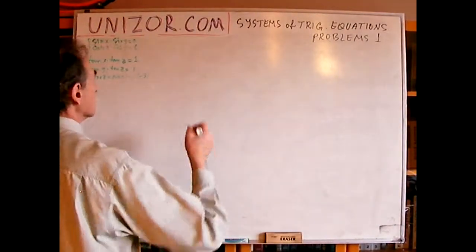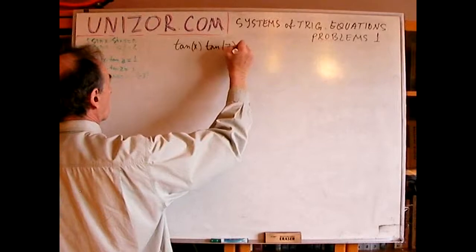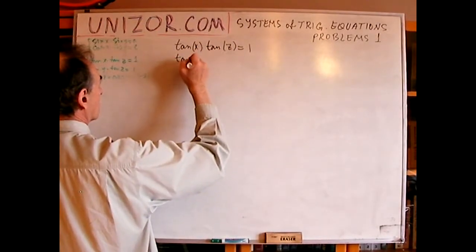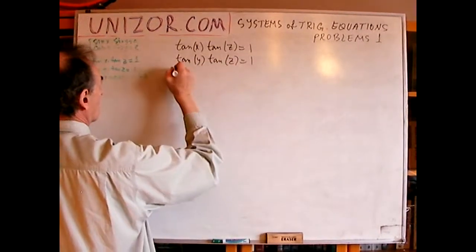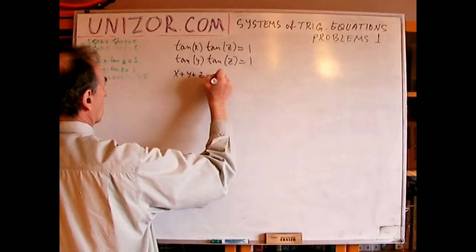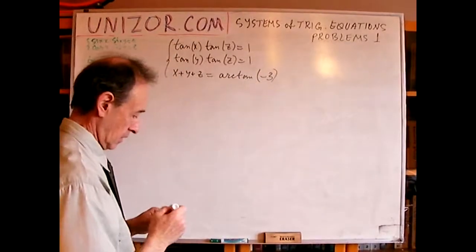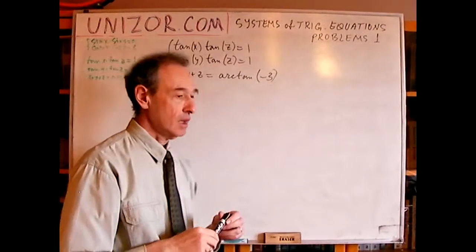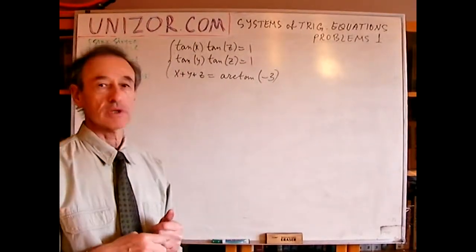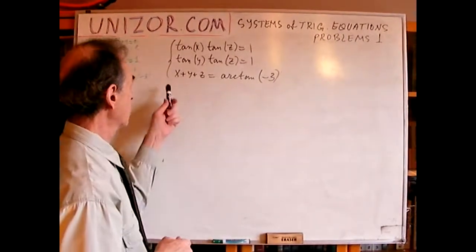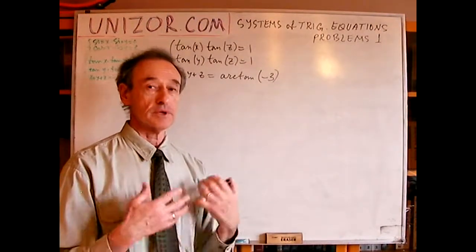Okay, this is a system of three equations with three unknown variables. Now, what I was thinking about in examining this particular system is, hey, it would be nice if I can express tangent of sum of three angles in terms of tangents of each angle.